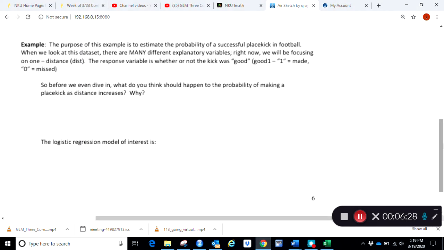So before we dive into actually looking at this data set, what do you think should happen to the probability of making a place kick as distance increases? Distance is going to be our x. So as x gets bigger, what do you think will happen to the probability of making the kick?